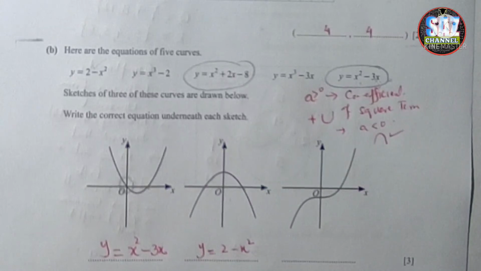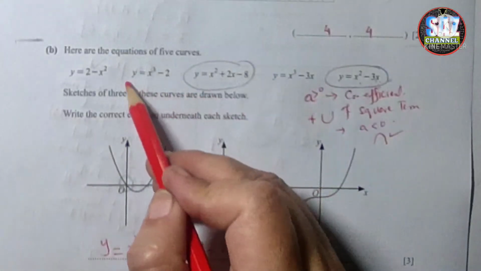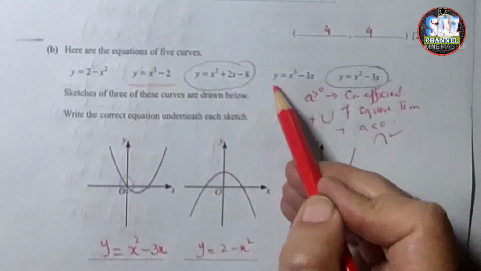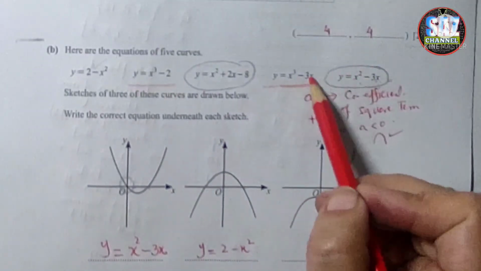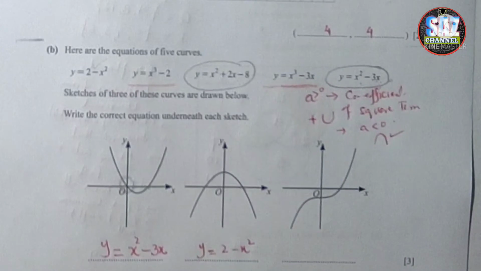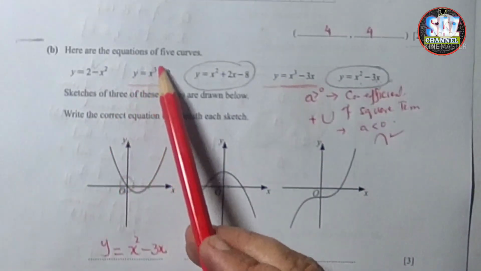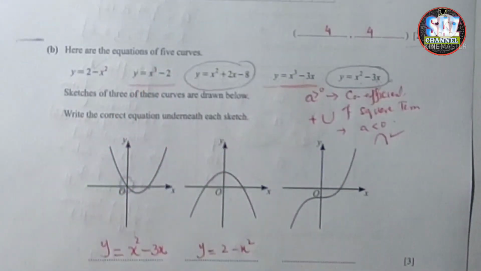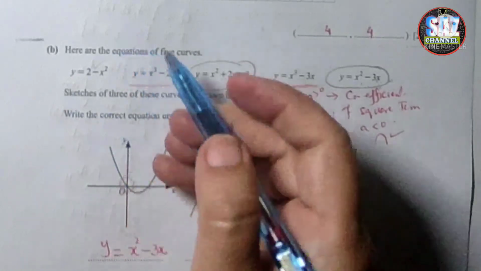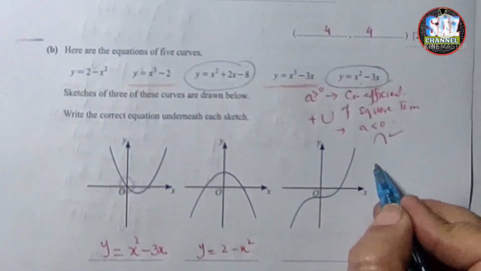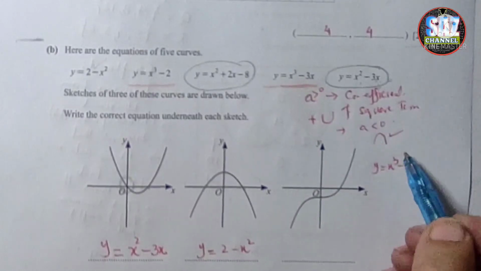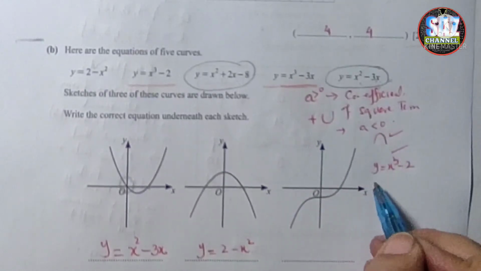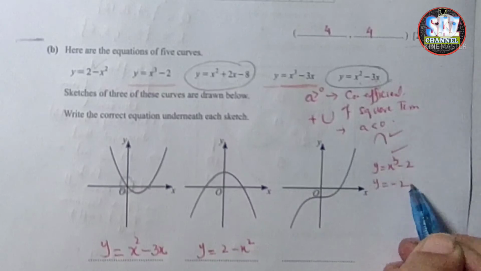And now we have two cubic curves with us. One is x cube minus 2 and one is x cube minus 3x. Now if we observe the graph carefully, if I'm keeping my x value 0, y equals x cube minus 2, putting x value 0, y equals minus 2.